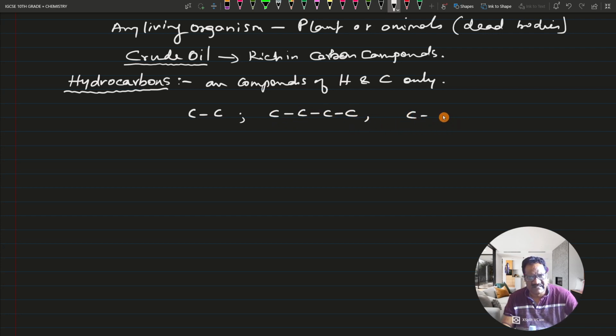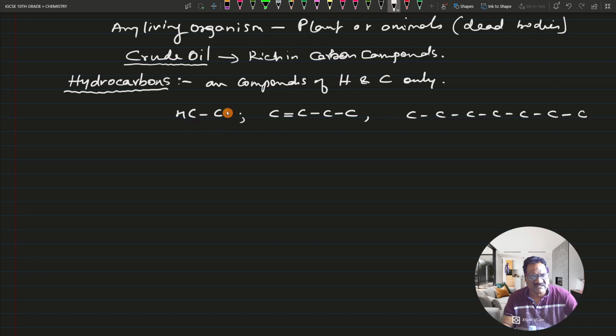There may be a carbon chain which is very long. Depending upon this chain, this is known as the chain of the carbon compounds, right? Now in some you may find even double bond, in some you may find even triple bond. So these are nothing but the hydrocarbons. And along with this there will be some hydrogen also.